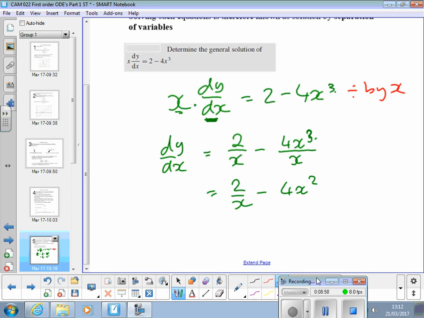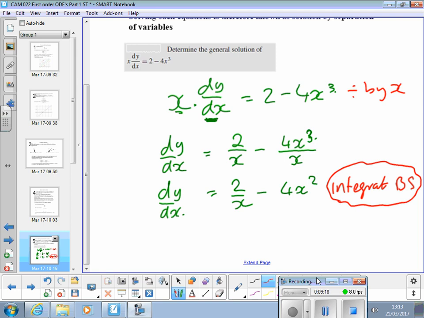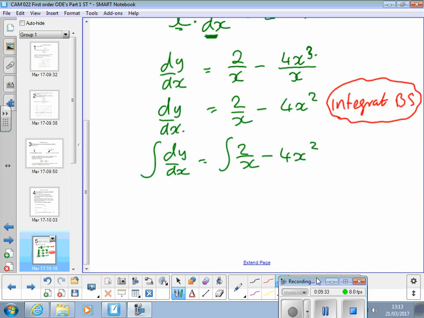Now what happens, so this side is that. So what we do now is we integrate both sides. So we do the integral of dy by dx is equal to the integral of 2 over x minus 4x squared.